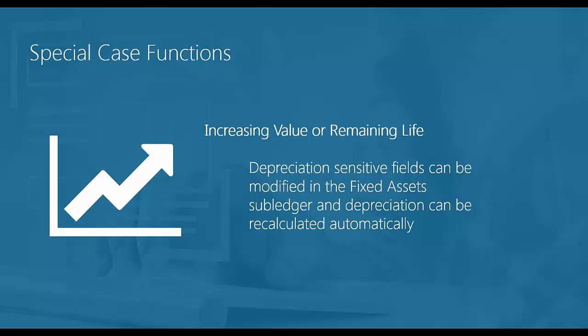And only then future depreciation would be taken at the new rate. So the nice thing about this is as assets change, whether it's the remaining life or the value, anything that is a depreciation sensitive field, you have the ability to go backwards to its inception, to a current fiscal year starting date, or only move forward, and the system gives you those options.